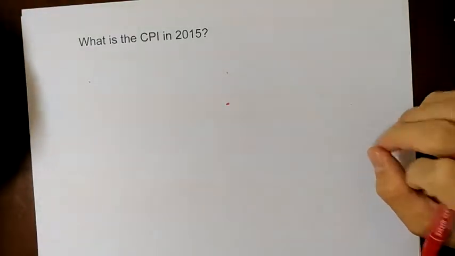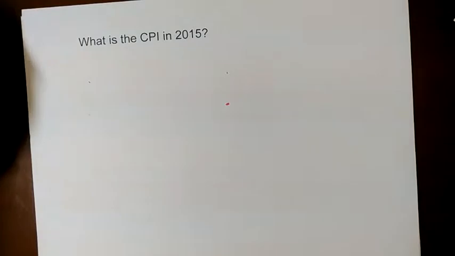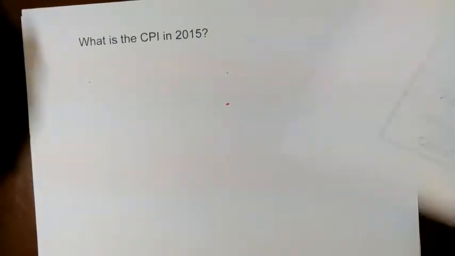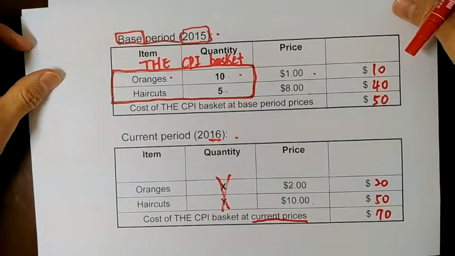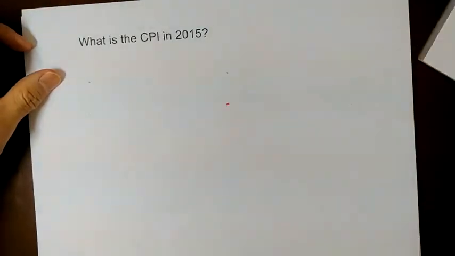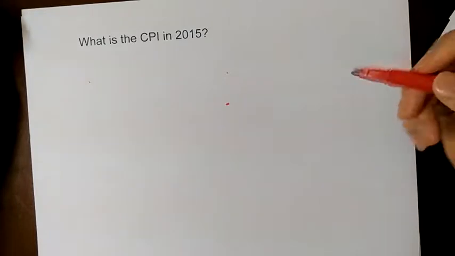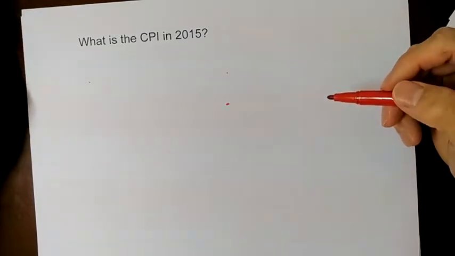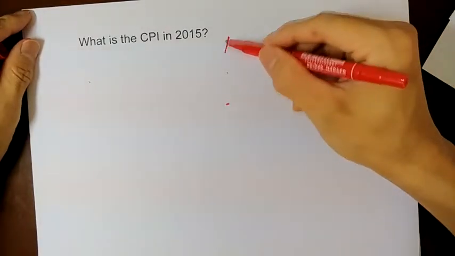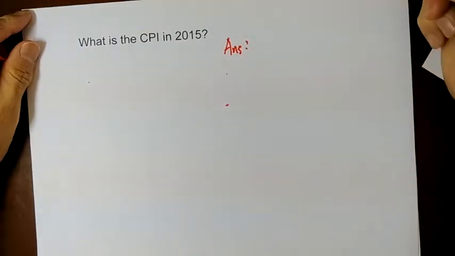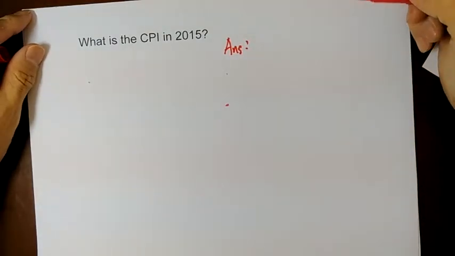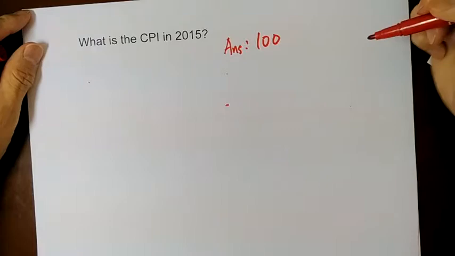Now, let's calculate CPI. CPI in 2015 and CPI in 2016. Now, the first question is, what is the CPI in 2015? Answer? 100. Why?